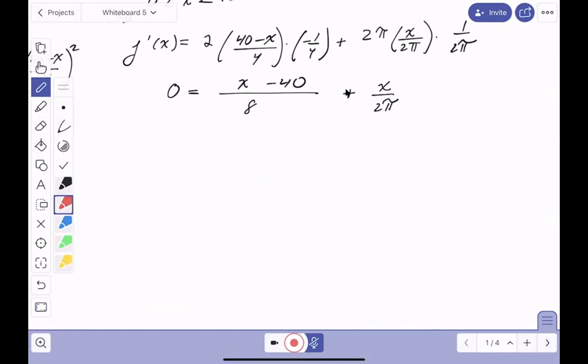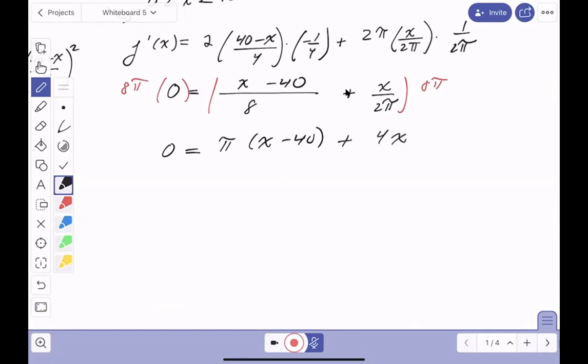So I'm going to multiply both sides by 8 pi. You get 0 equals pi times (x minus 40) plus 4x, I think 4x, right? Yeah, pi's cancel. Yeah, 4x, not bad. 0 equals pi x minus 40 pi plus 4x.